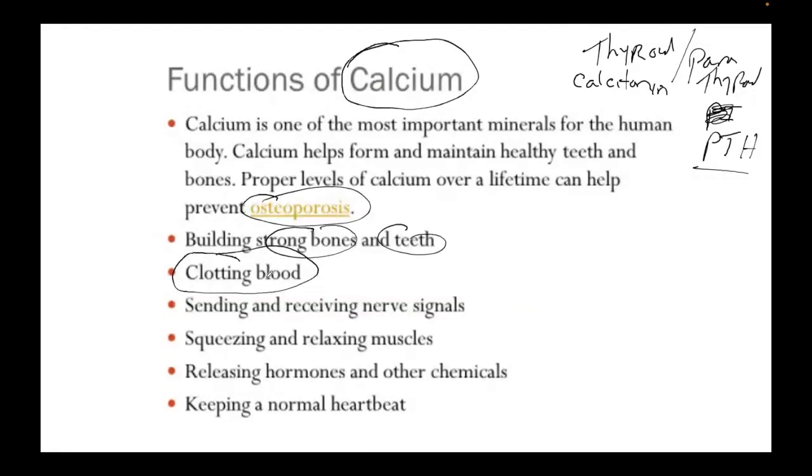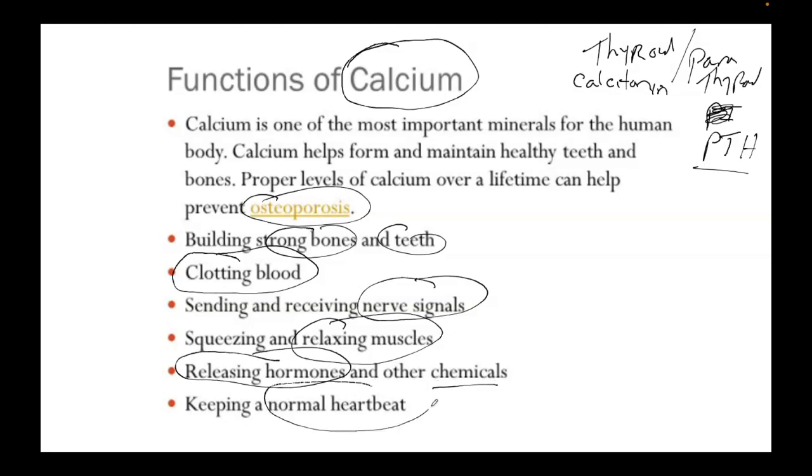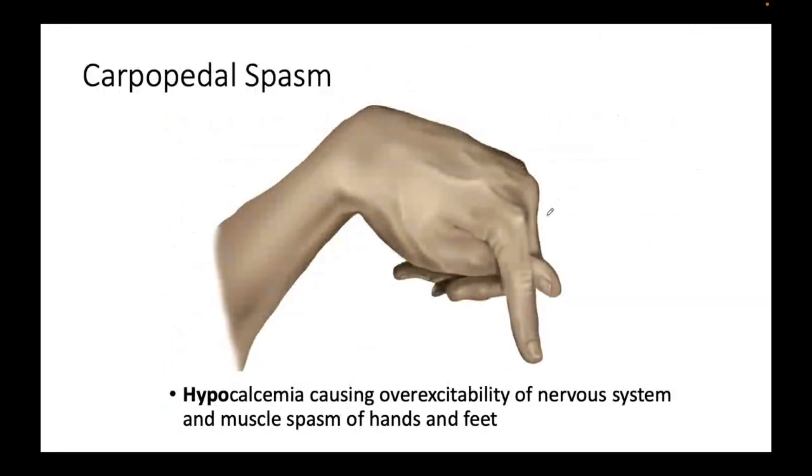Calcium is involved in the clotting cascade, nerve signaling, and muscle contraction, and it's a cofactor in releasing other hormones and other chemicals, and it's involved in your normal heartbeat. So calcium being in that tight range of about 9 to 11 on your blood results, having too much or too little can really create these imbalances.